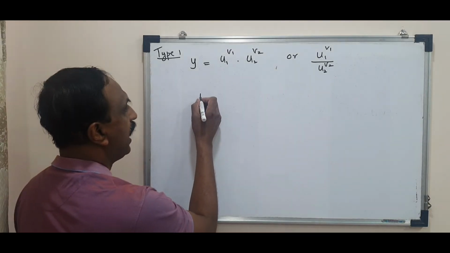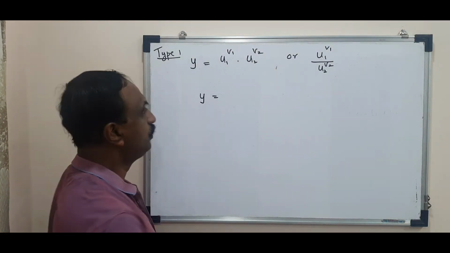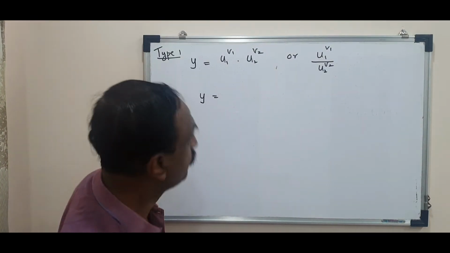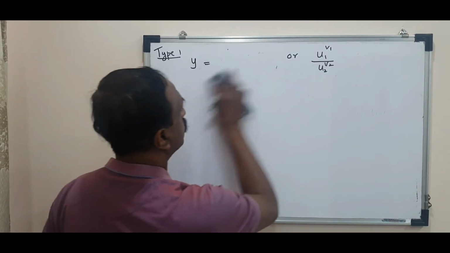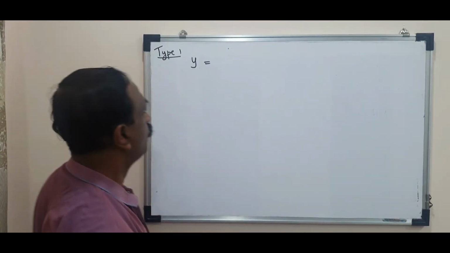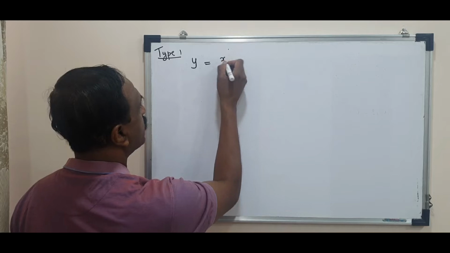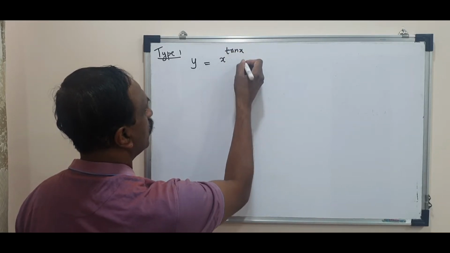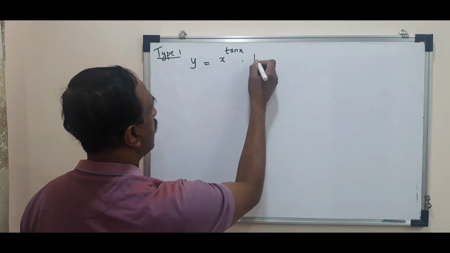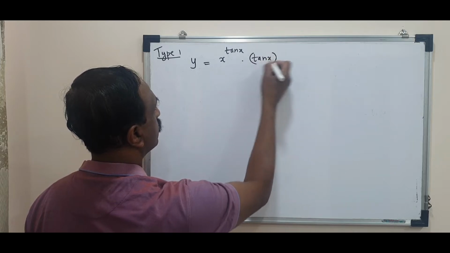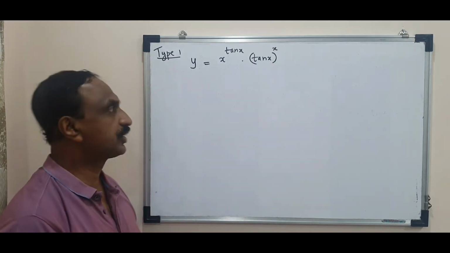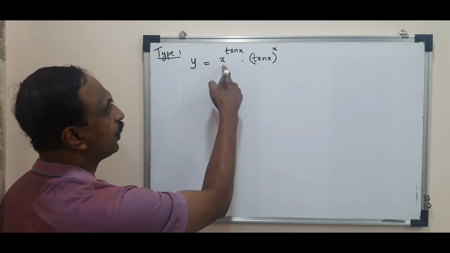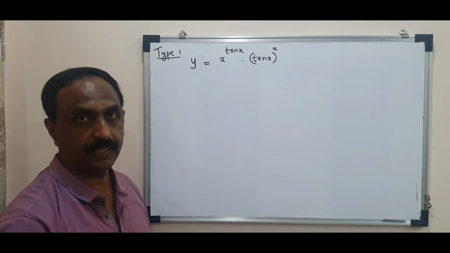For example, I have a function y is equal to, let's say, y is equal to x raised to tan x into tan x raised to x. Imagine having a function like this. You can notice that between the terms there's a multiplication.